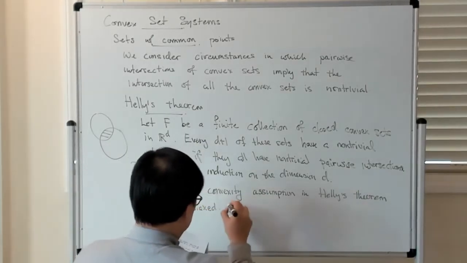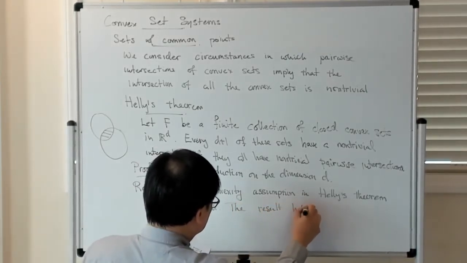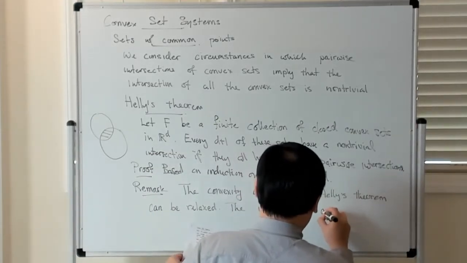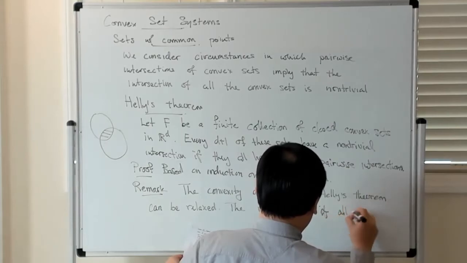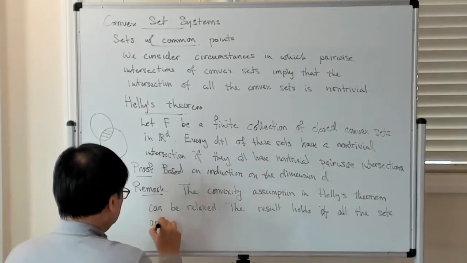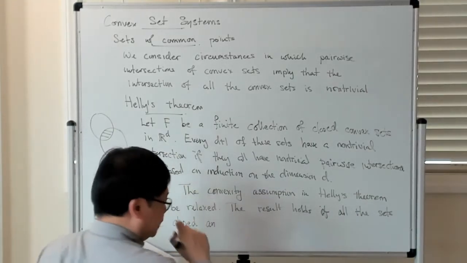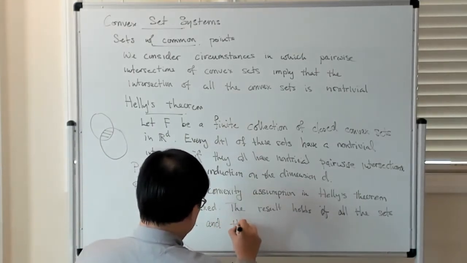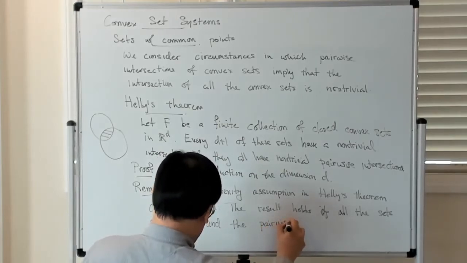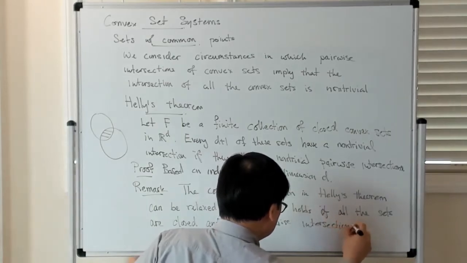The result holds if all the sets are closed and there's some property about the pairwise intersections: the pairwise intersections have to be contractible.